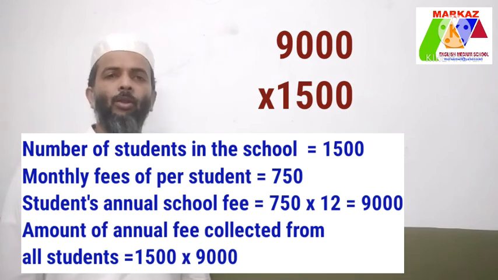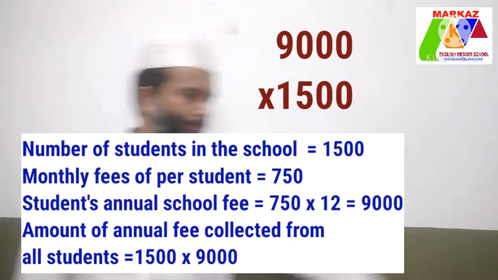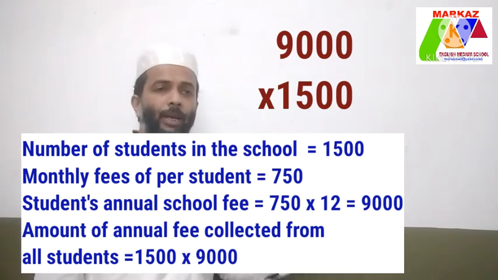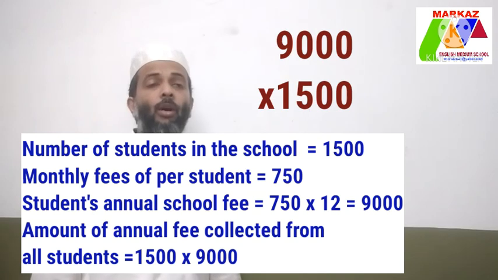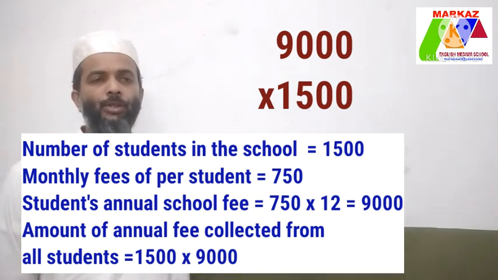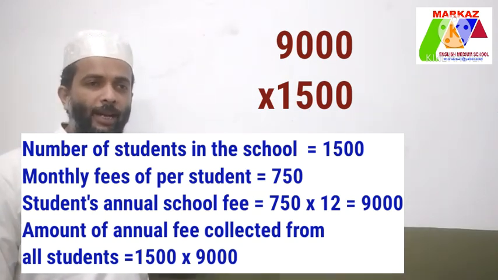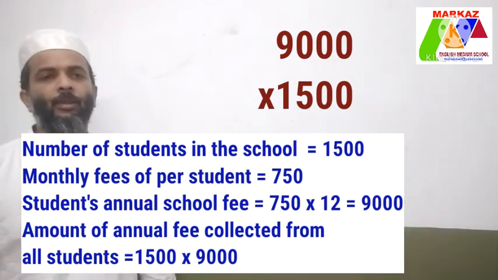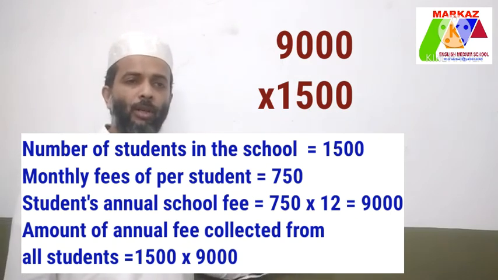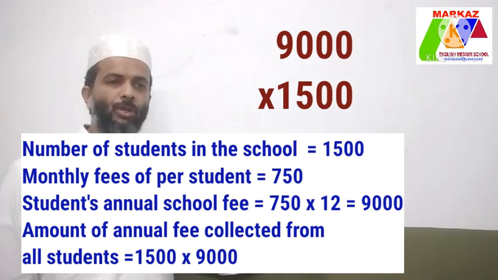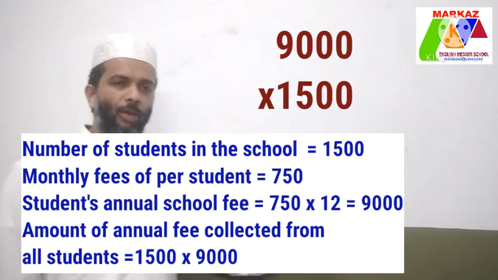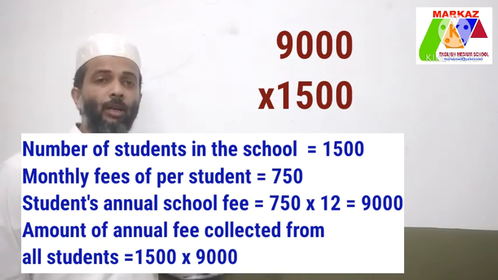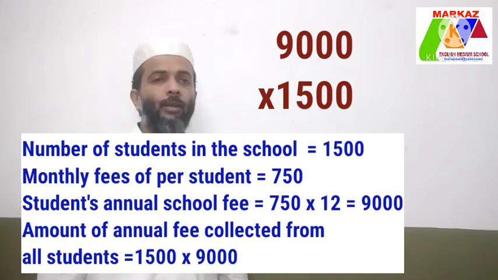9000 into 1500. Multiply any number by 0 and the answer will be 0. So write the first line 4 zeros, second line 5 zeros, then the third line 5 into 0 is equal to 0, and so on. 5 into 9 is equal to 45.